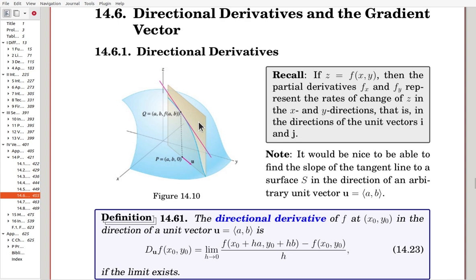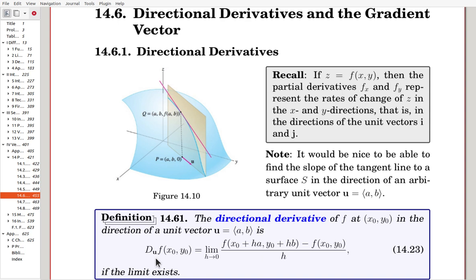Then that's the plane, and we have the intersection here, the curve, and along the curve at the point, we'll try to get the slope of the tangent line. That's the directional derivative of f in the direction of u. That's the geometric interpretation.